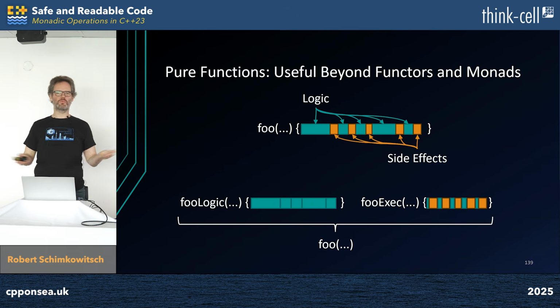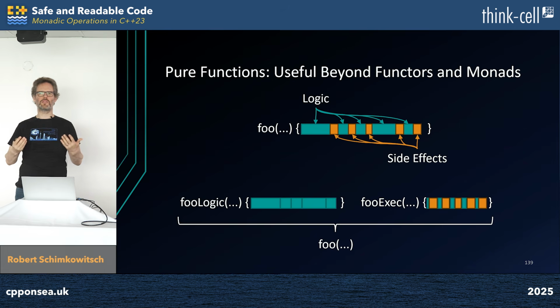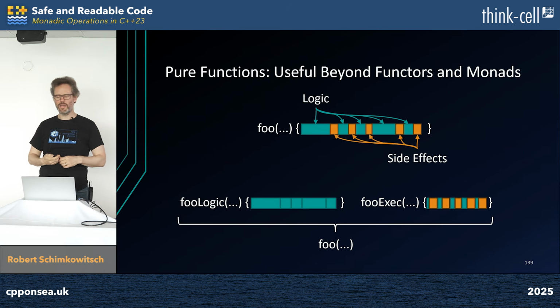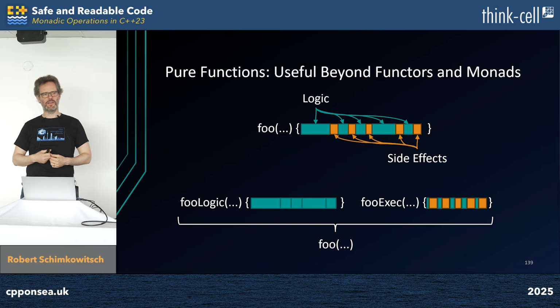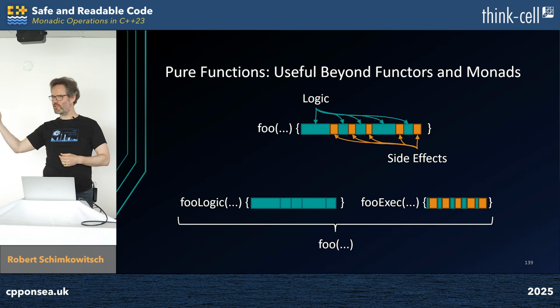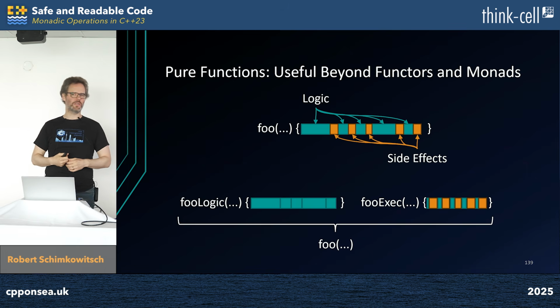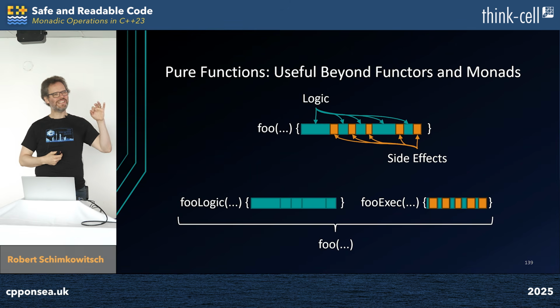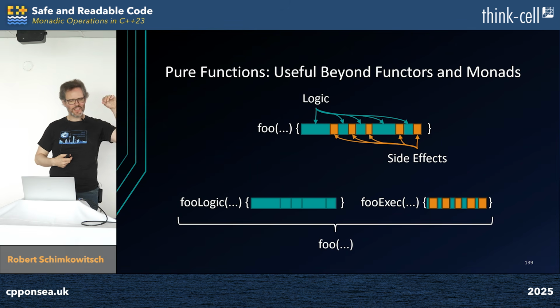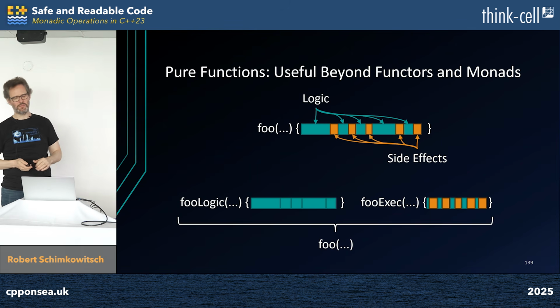Then I may add a wrapper so that for the outside user it looks like one function, but now I can test them separately. Testing the pure function is easier. I can use the lookup table approach, but even testing the execute function is typically easier because I can trigger the side effects I want to test specifically in a much simpler fashion.